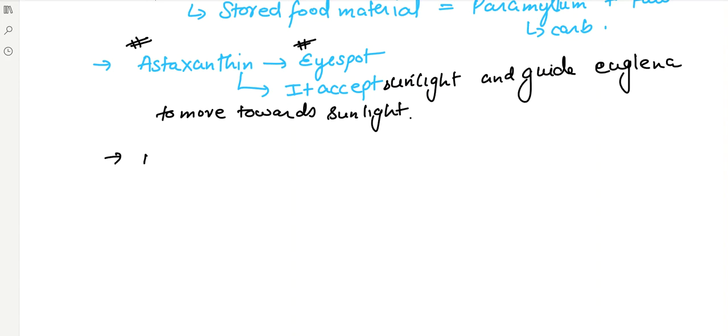Now talking about the flagella, as the name came, we have two flagella here. So there will be presence of two flagella which are present here. One is functional, another is non-functional.